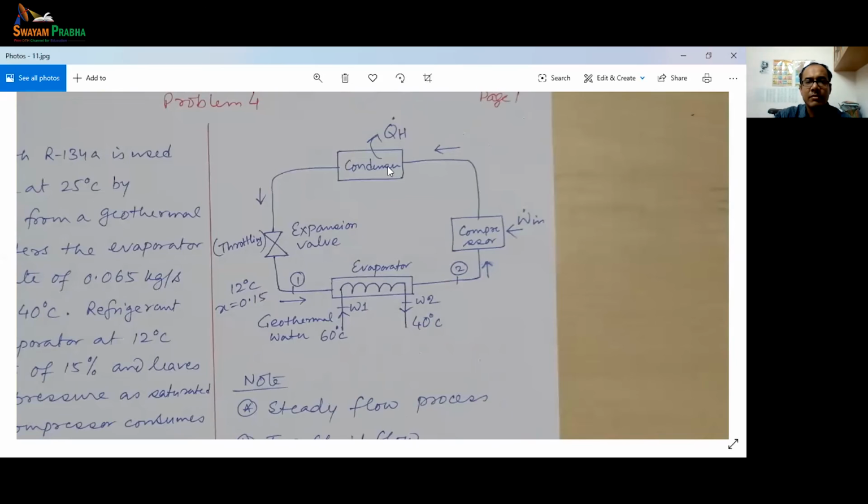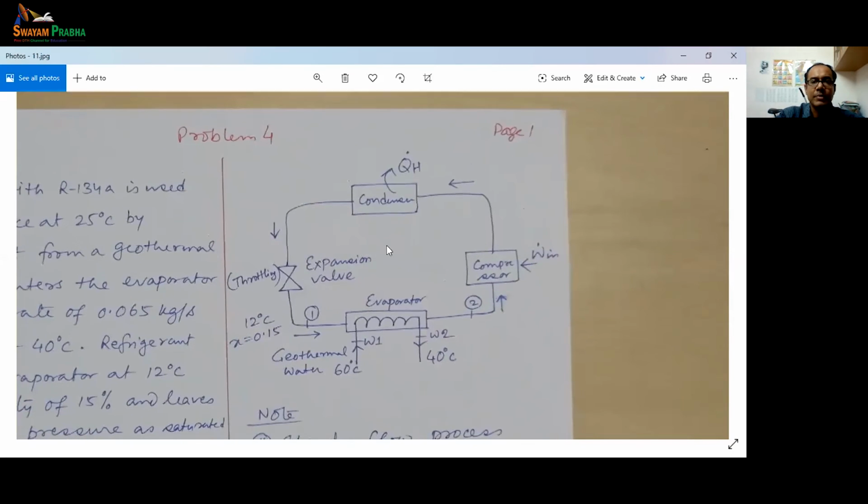So what we have is the heart of the refrigeration cycle, the evaporator, right? Because that's the space we want to keep cooled. But this is a heat pump, so basically the heat that we reject through the condenser is the goal. We'll see the difference between a heat pump and a refrigerator later, but the principle of work is the same.